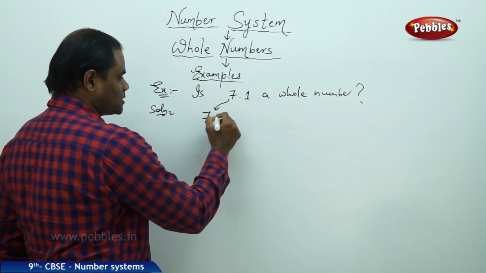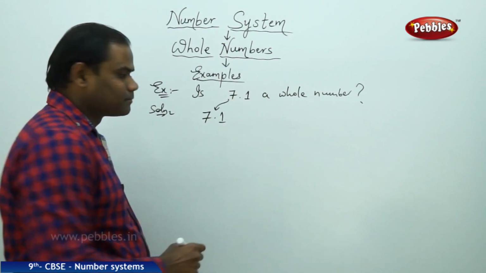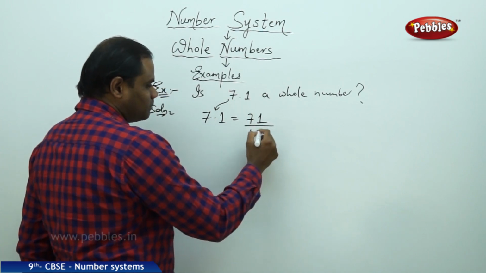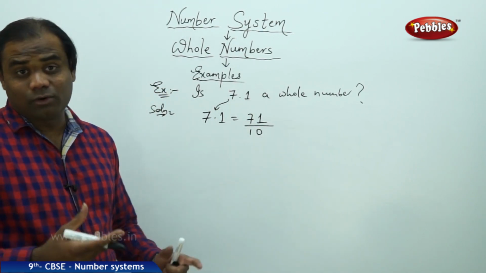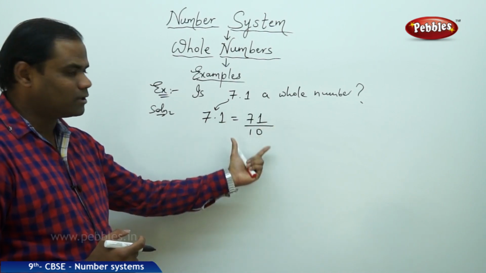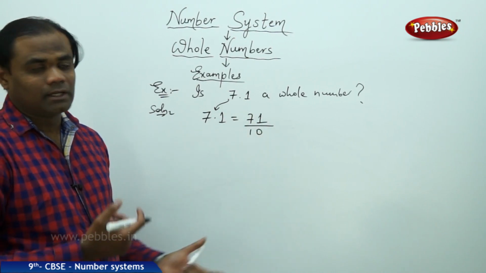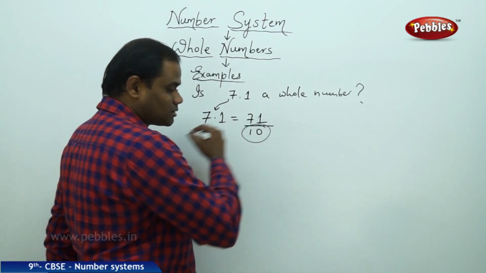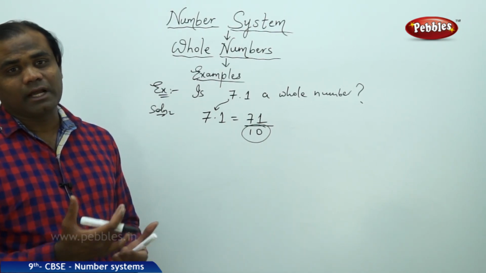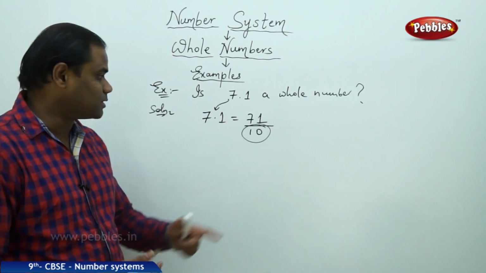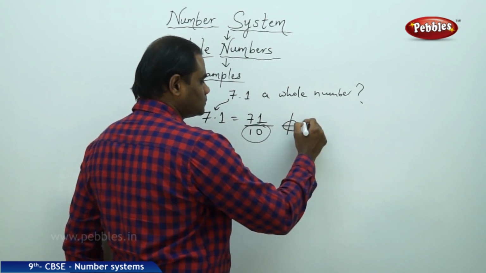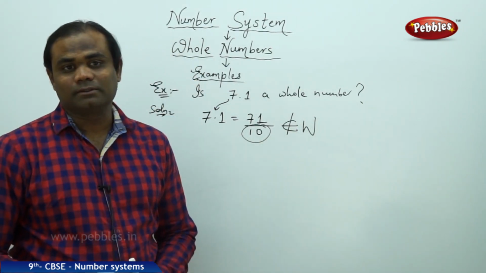I take the number 7.1, and when I express it in a non-decimal form, it can be expressed as 71/10. So 7.1 in decimal form is 71/10 in fraction form, and because the denominator is not 1, and as we have discussed, whole numbers are all natural numbers including 0, this cannot be a whole number.